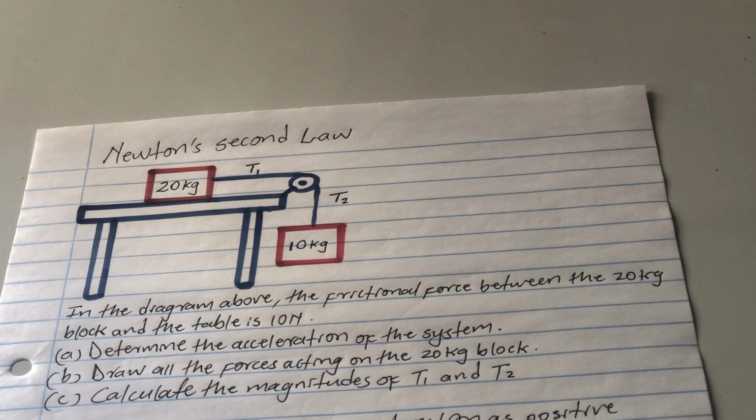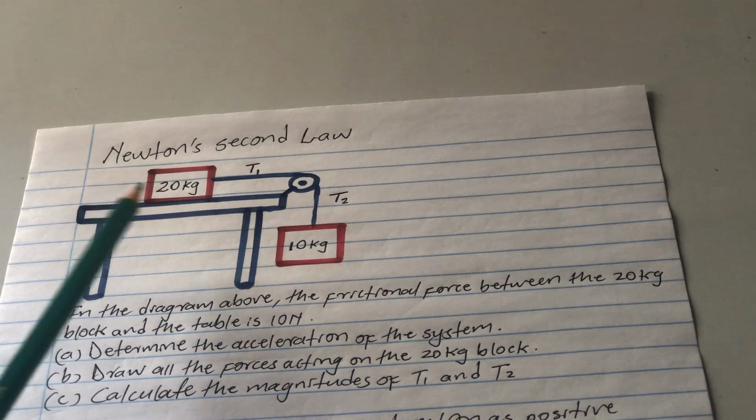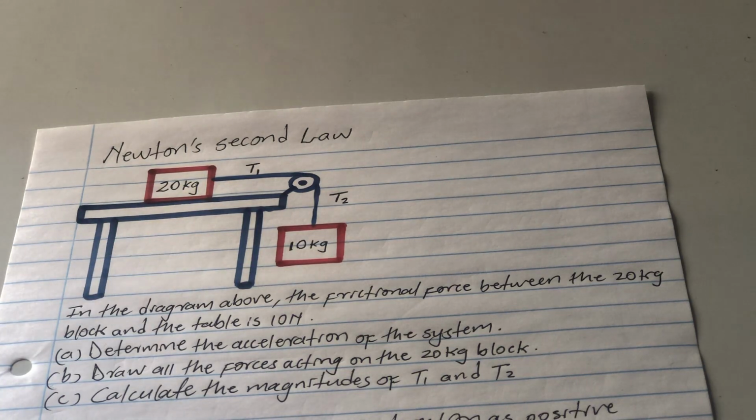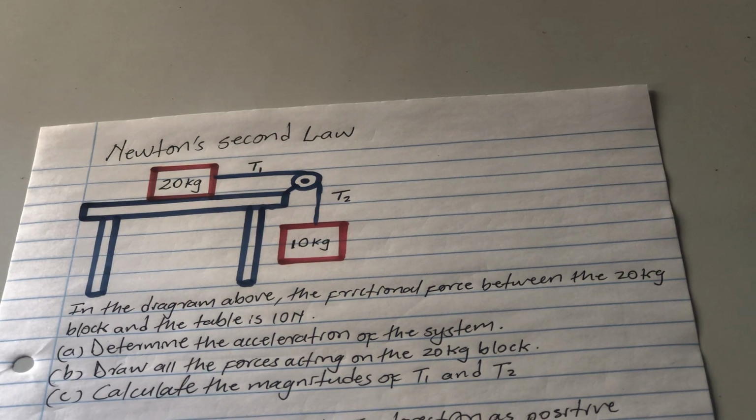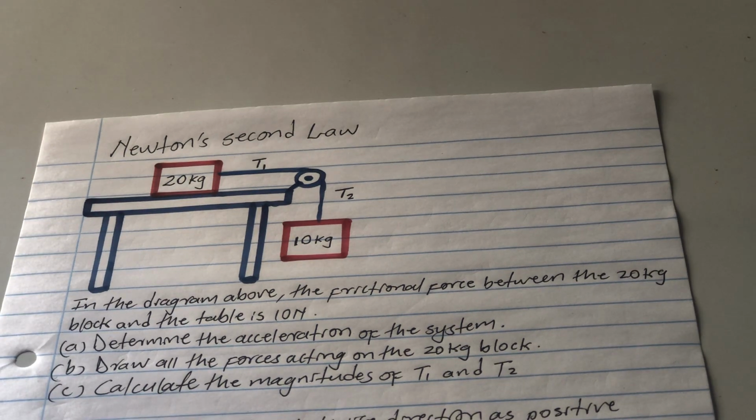In this one, we will do some work on the 20 kg box and also do some work on the 10 kg block or box, and then we'll combine the two, and this will lead us to being able to determine the acceleration. Let's first do some work on the 20 kg box.